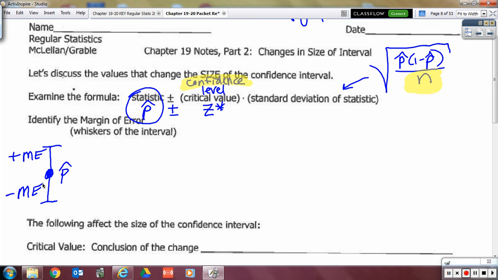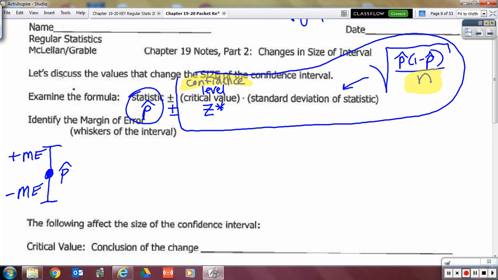So those things that are plus minus, that is this section here. The part after the plus minus is called the margin of error. Okay, that's those whiskers. How much go up, how much go down, that makes that interval, that spread of an interval.